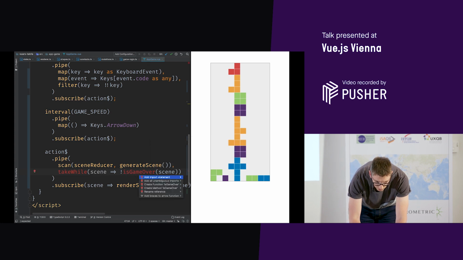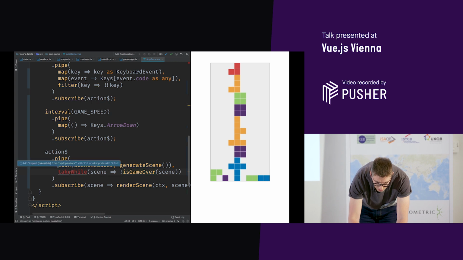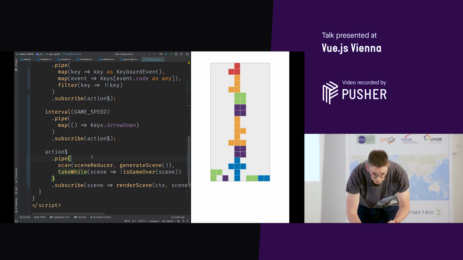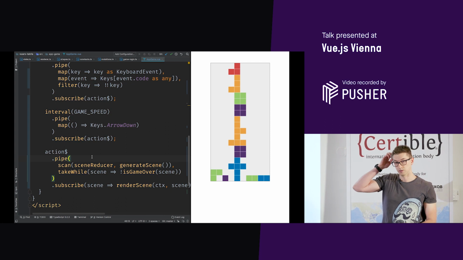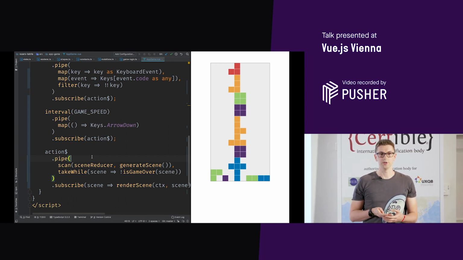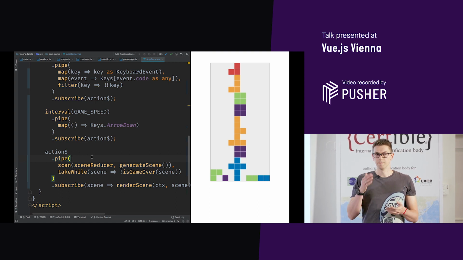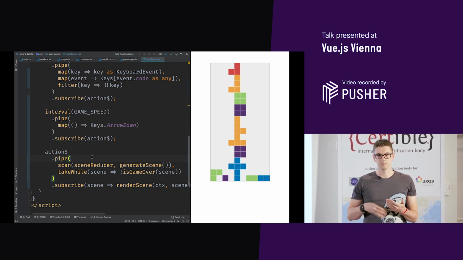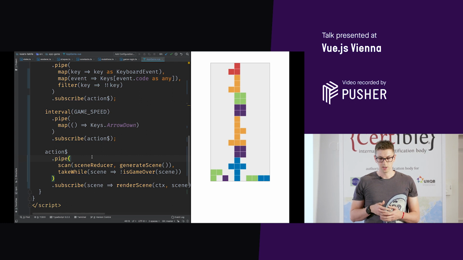This function that I have, isGameOver, simply checks based on a scene if it's a game over scene, if the block cannot be moved anymore. And our takeWhile operator is simply telling us, take this observable or keep the subscription as long as this is true.